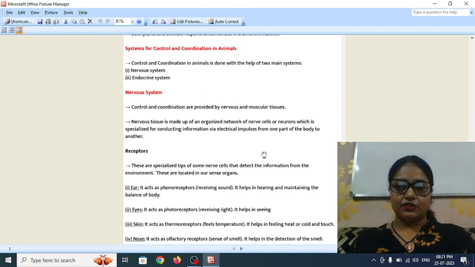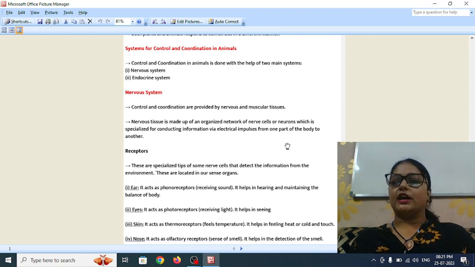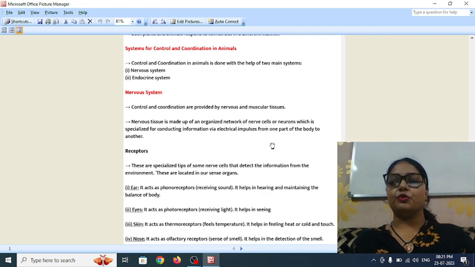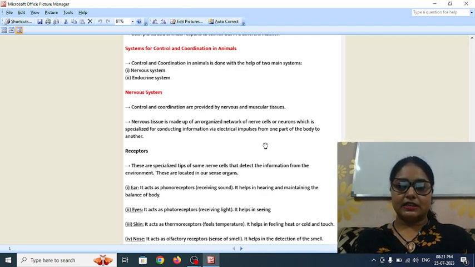And the nervous tissue is made up of an organized network of nerve cells or neurons. As you know, we have different types of cells. The nerve cell is called a neuron, which is specialized for conducting information via electrical impulse from one part to another part of the body.